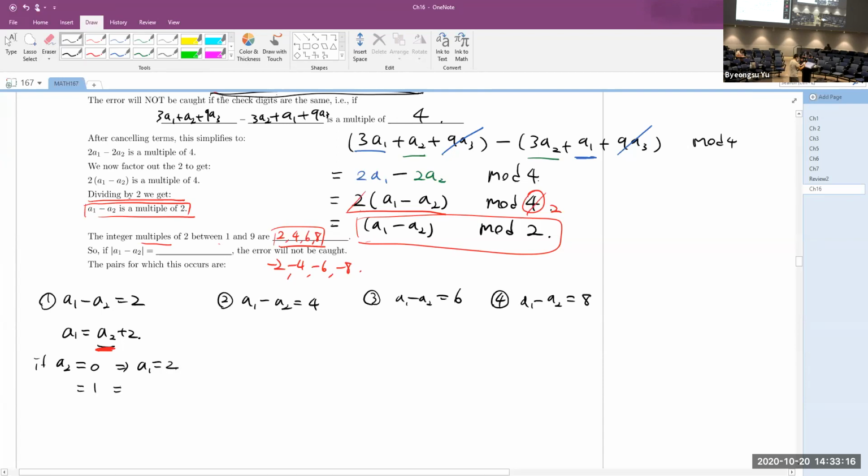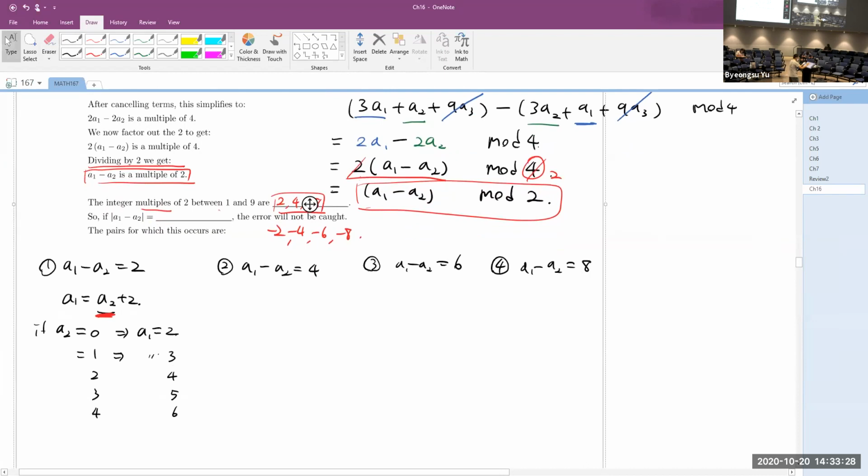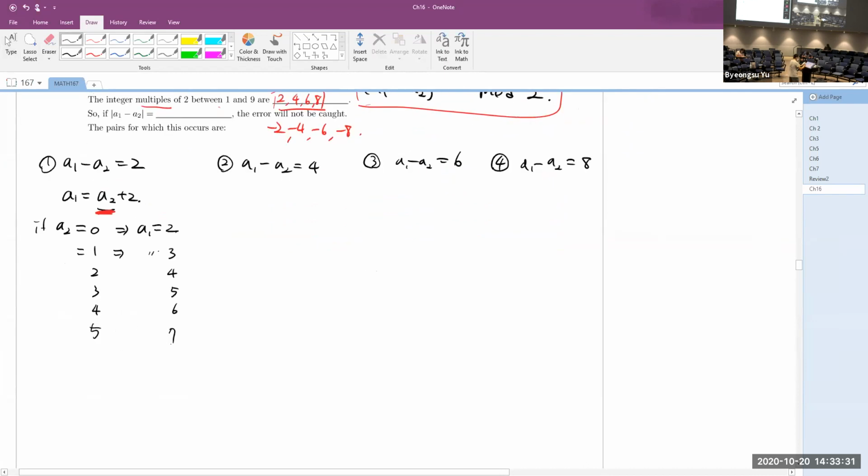If A2 is 1, then A1 is 3; 2, it is 4; 3, 5; 4, 6; 5, 7; 6, 8; 7, 9. And you cannot get 8, because 8 gives you 10 for A1, but 10 is not allowed. So these 7 cases can happen when A1 minus A2 is 2.